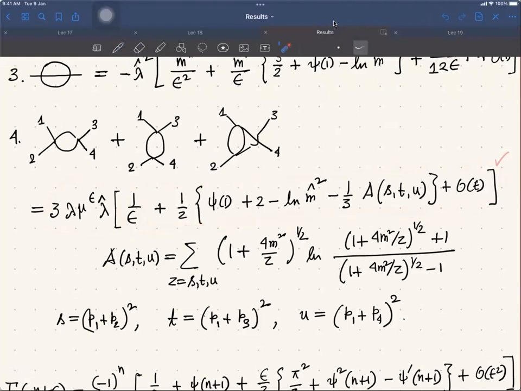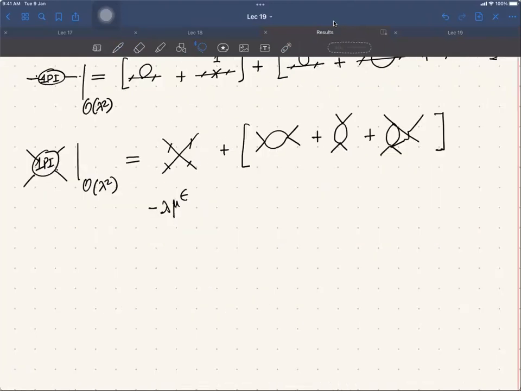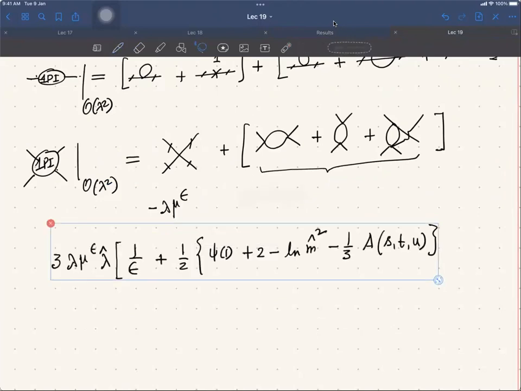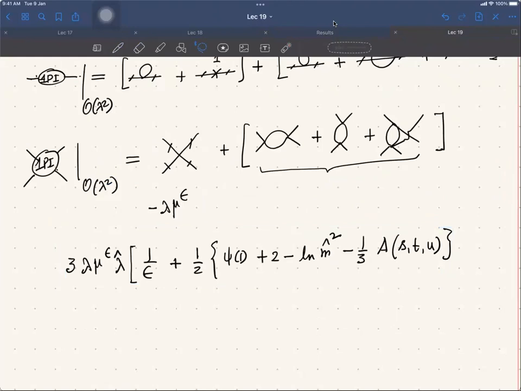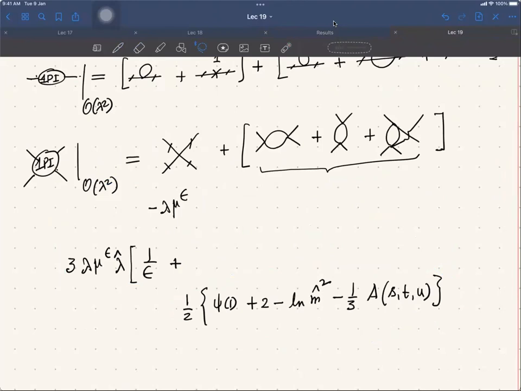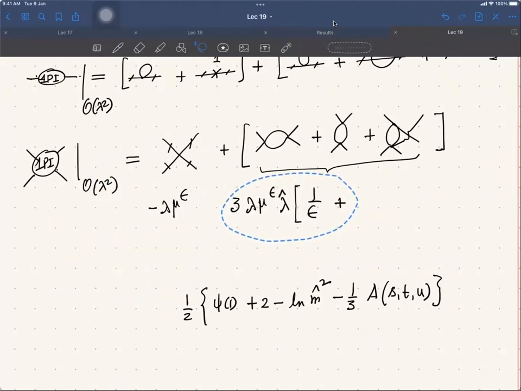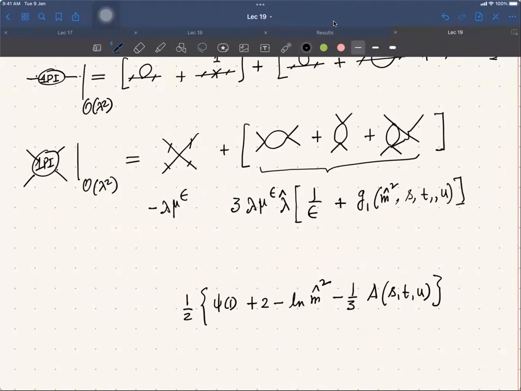So we should write this result here. Let me call G1 of m hat square, s, t, u, which is a finite piece, and that's given by this expression.